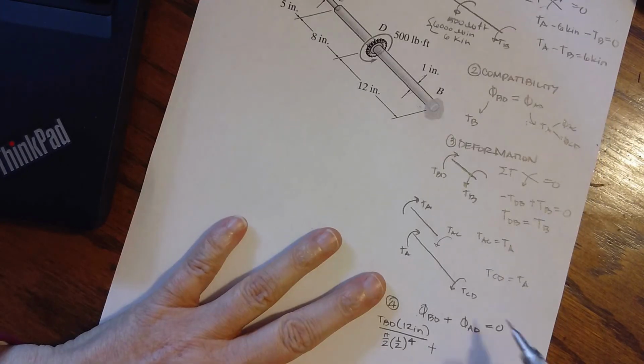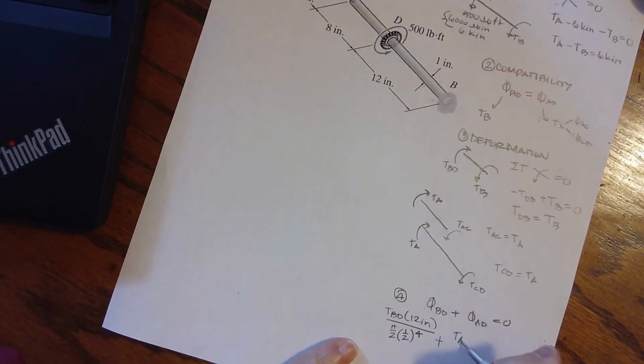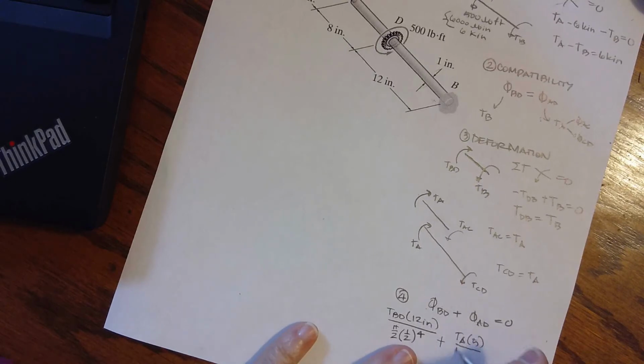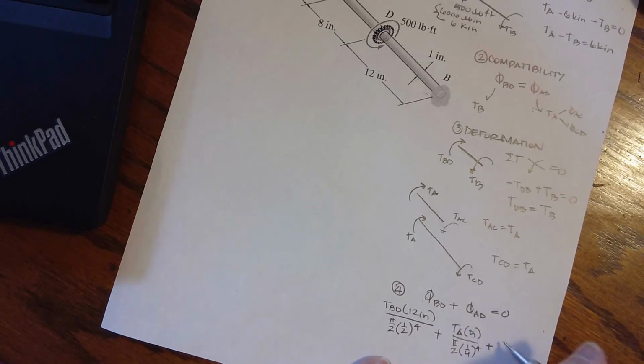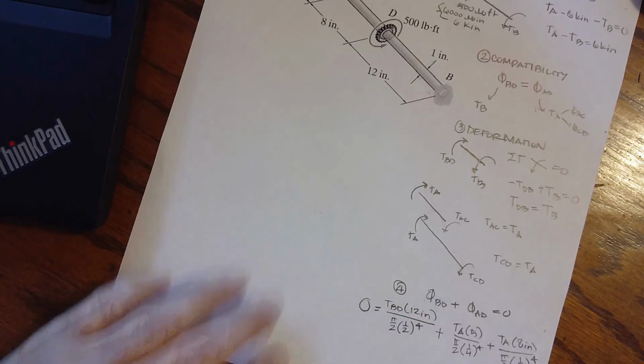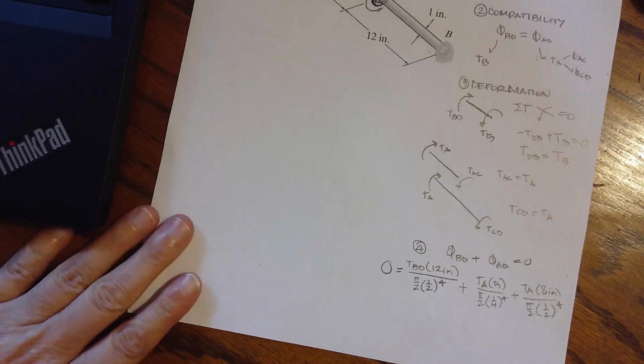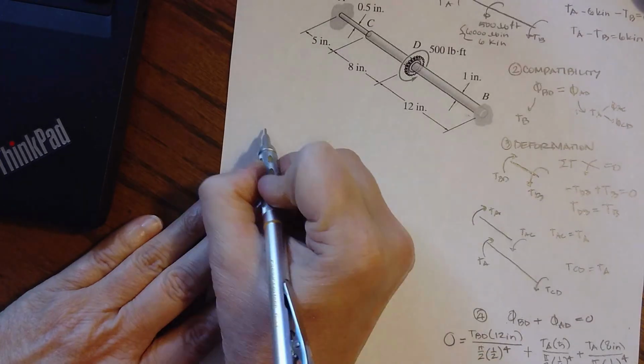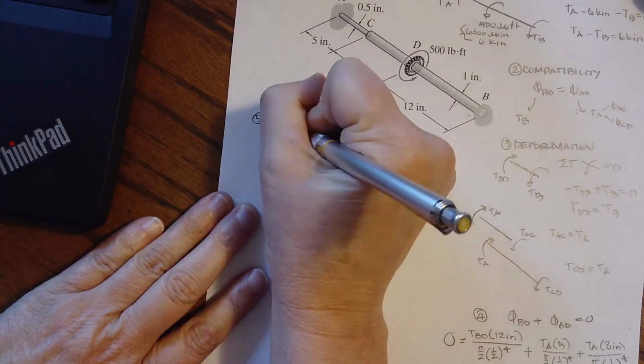Plus, A to D, I need to come here: torque of A times 5 inches, divided by pi over 2 times 1/4 to the 4th, plus torque of A times 8 inches divided by pi over 2, and we're back to that 1/2, and that's why we've had to cut it, and that equals 0. So I now need to do my system of equations.